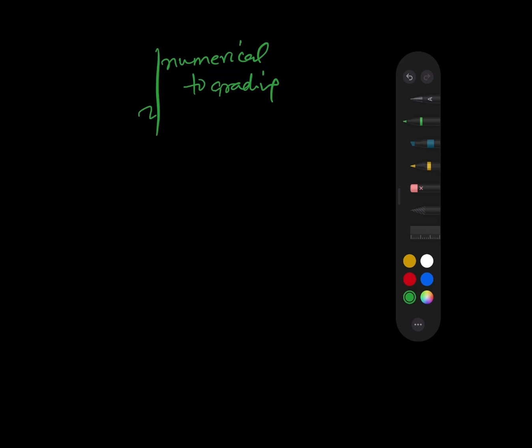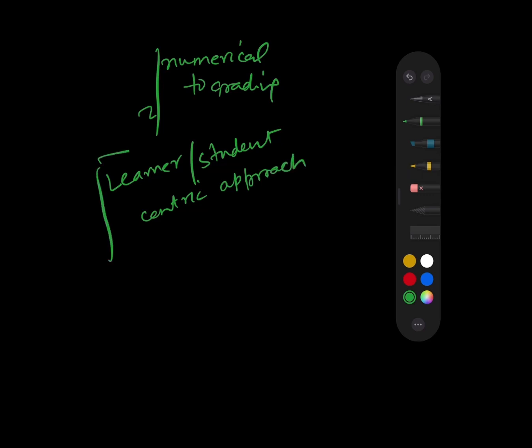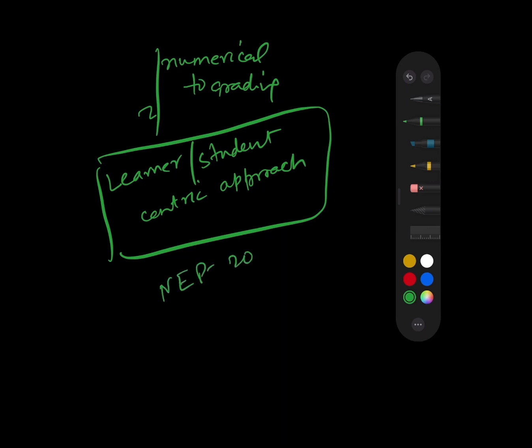What you find in this kind of system is that it has a learner or student-centric approach. The student is at the center, and if you have read about NEP 2020, you must have seen how NEP focuses on the student-centric approach, and this is one of the important features of a CBCS system.